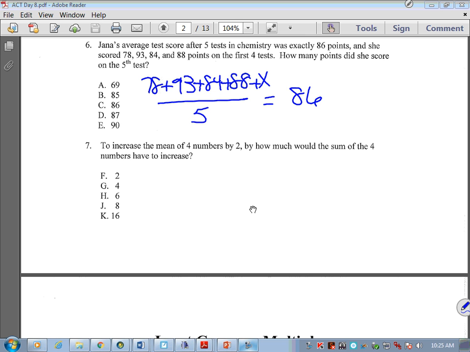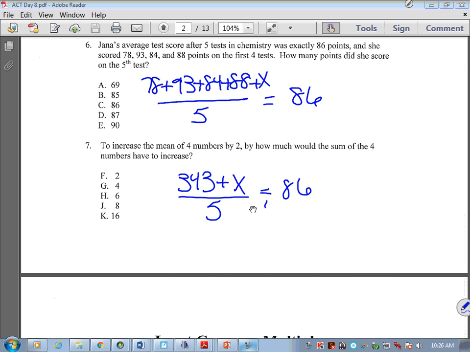Okay, add these up. So what's 78 plus 93 plus 84 plus 88? All right, so I'm going to move that down here. 343, it's still 343 plus X divided by 5 equals 86, but even doing that, just the appearance of it, right, we might be able to see something we didn't see before.